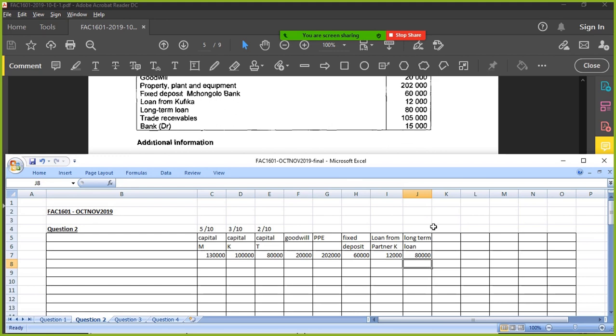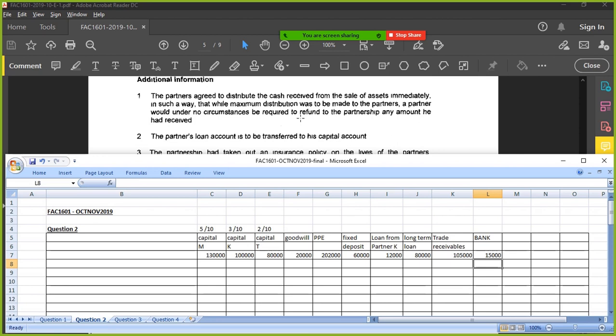What else? Trade receivables, bank. It's a debit, so it's positive, so 15,000 cash. All right, perfect.